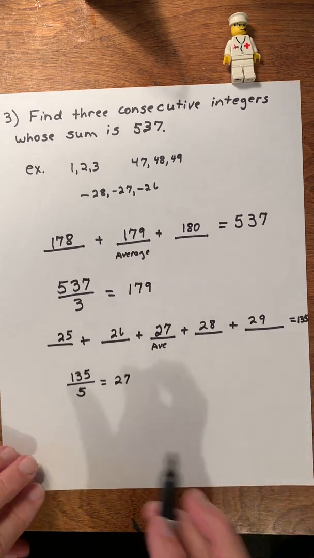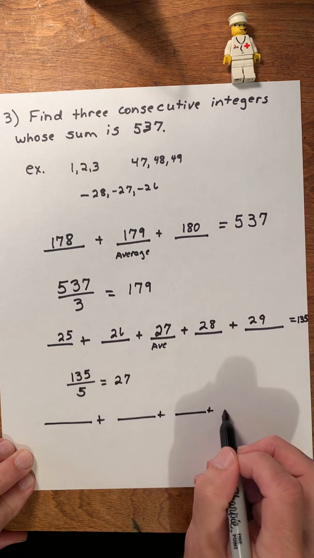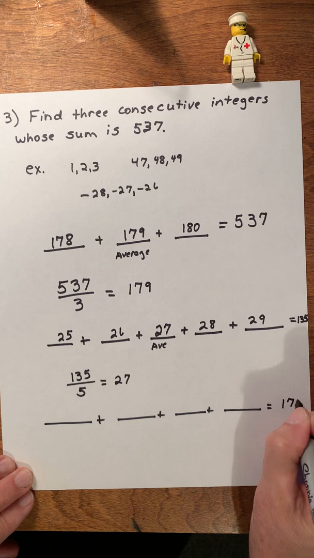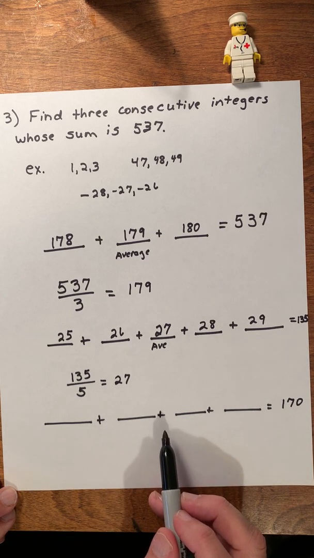Well, one other question here. What if you had 4 values? Let's say it equals 170. Well, my middle, oh, wait a minute. I don't have a middle value.